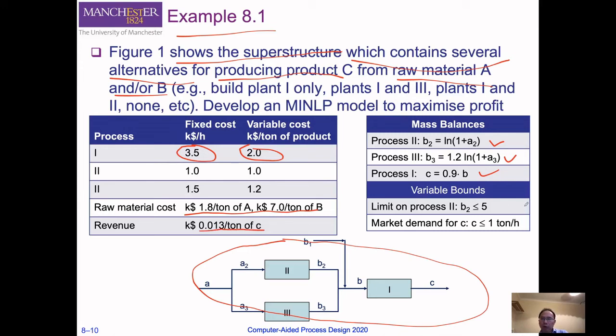There are also some limits, like the outlet flow rate of B2 from plant 2 should not exceed 5, and also the market demand for product C should be less than or equal to 1 ton per hour. The question is to develop a mixed integer nonlinear programming model to maximize profit.